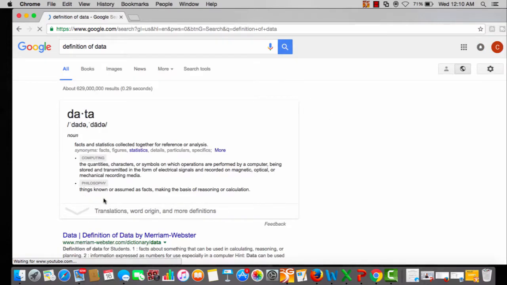Okay, so data, according to Google, these are facts and statistics collected together for reference or analysis. Okay, things known or assumed as facts. Yeah, so basically, that's what data is. These are just simply facts. And when you do an analysis of these facts, that is what's going to give you information.